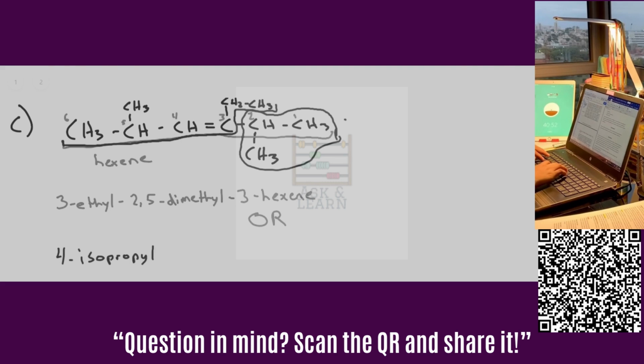So our isopropyl would be at position 4 because we would be numbering in the opposite direction because of the position of the substituents. Then we would have 2-methyl, and then the 3-hexene is unchanged. So double bond still at position 3, but instead of having an ethyl and a methyl group on the right side, we just have an isopropyl group. So either of these is correct.